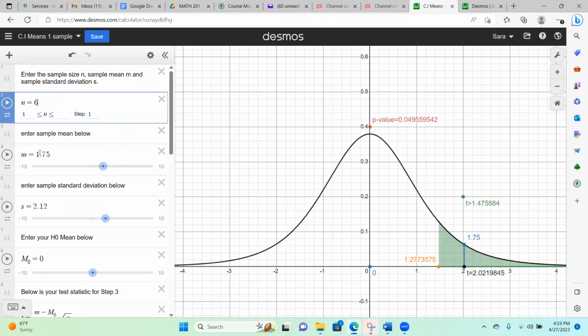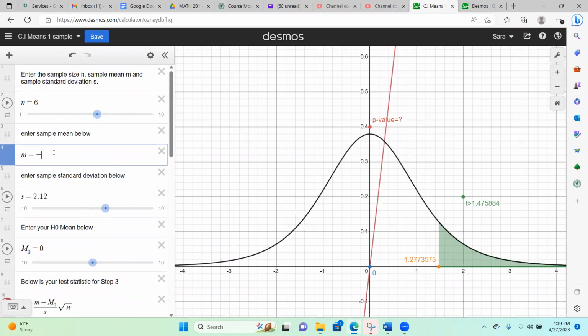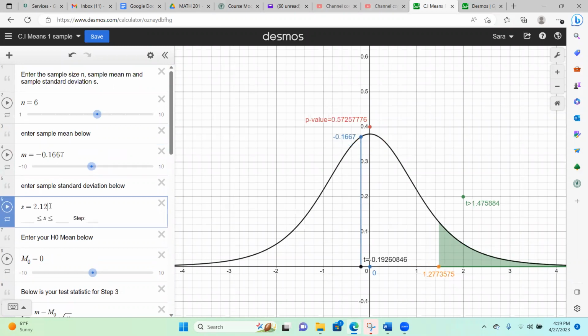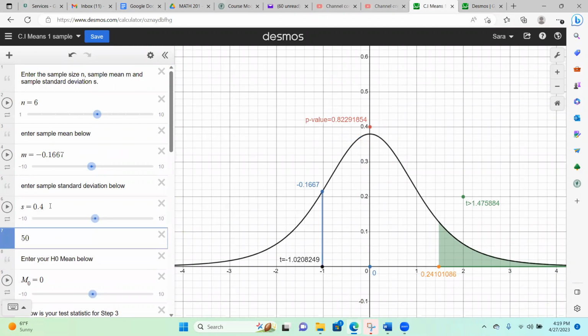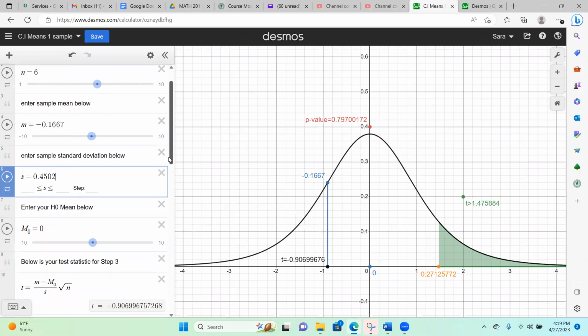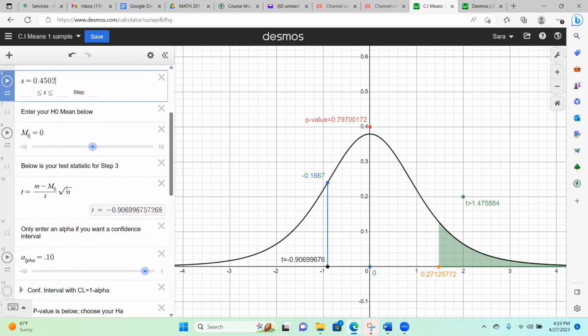Our sample mean was a negative 0.1667, and our sample standard deviation was 0.4502. And then our H0 stays the same.